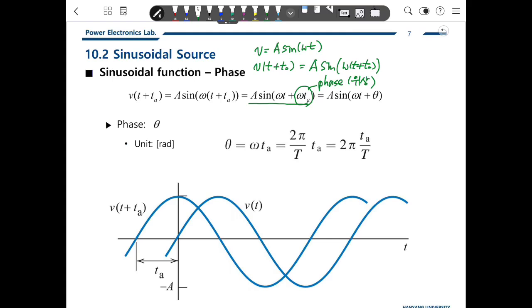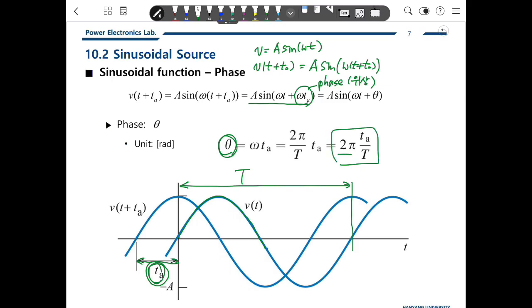The dimension of phase is radian. If there is V(t) and some V(t plus Ta), and this is one period T, and this is Ta, then the value of the phase is 2 pi Ta divided by the period T.